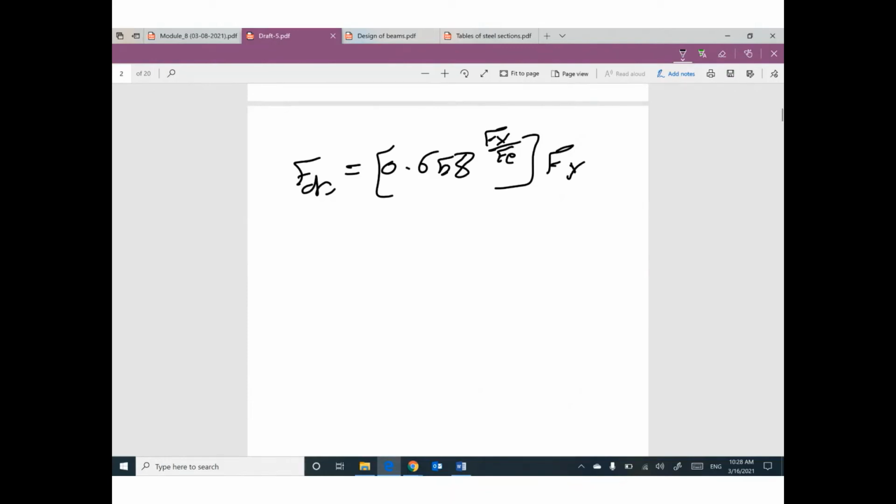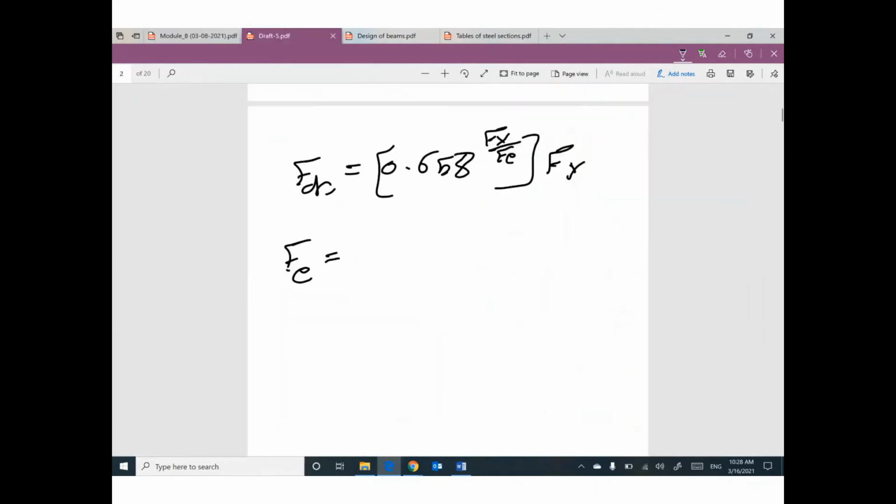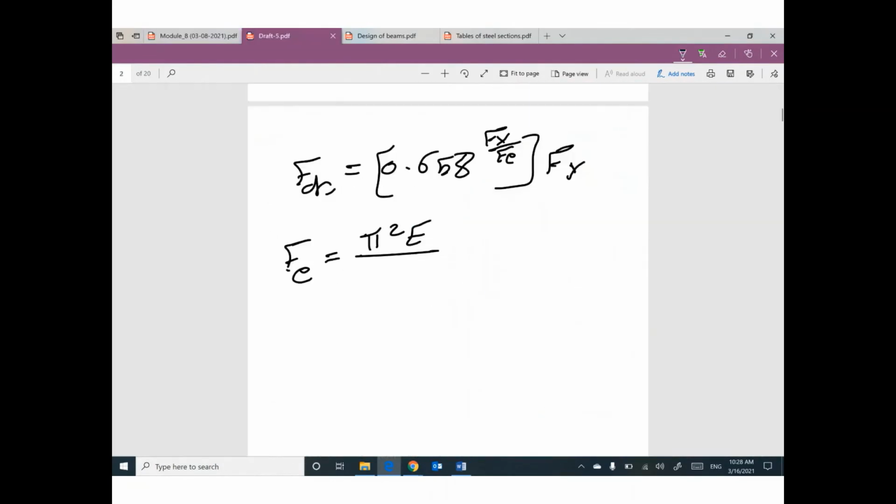Everything we can figure out. What is the value of Fe? Fe equals this term, pi square E divide KL divide R square.